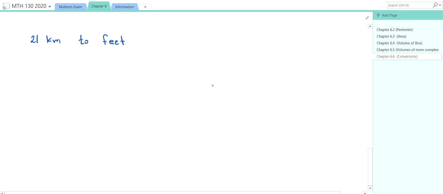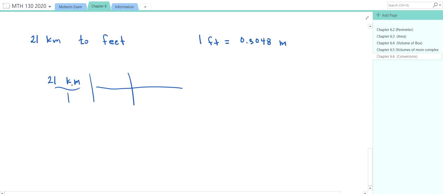Well, I go on the internet and I figure out that 1 foot equals 0.3048 meters. And that's a good place to start. So, 21 kilometers.